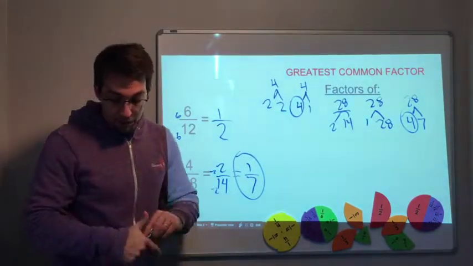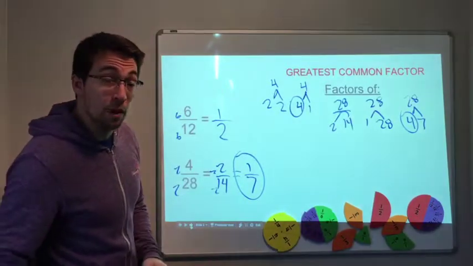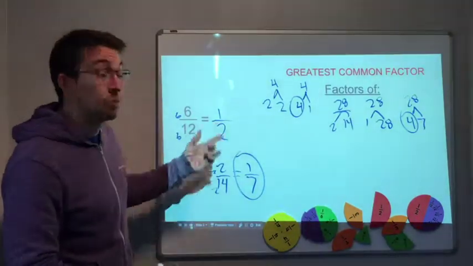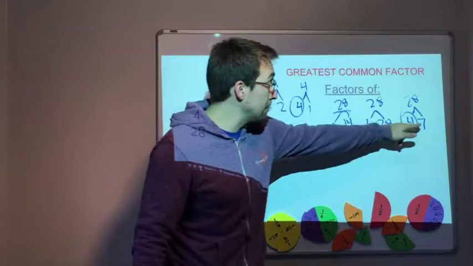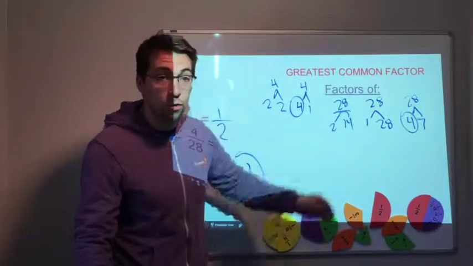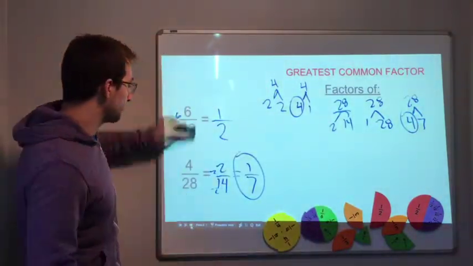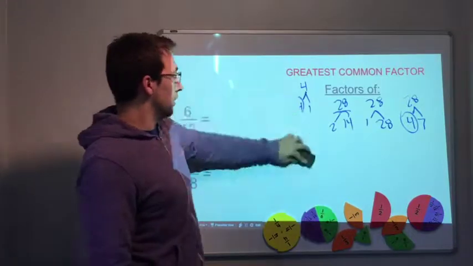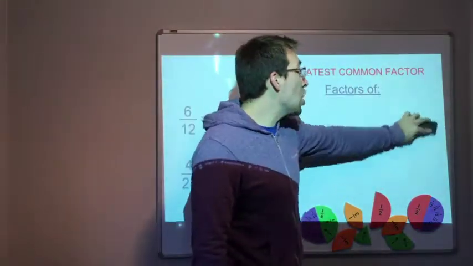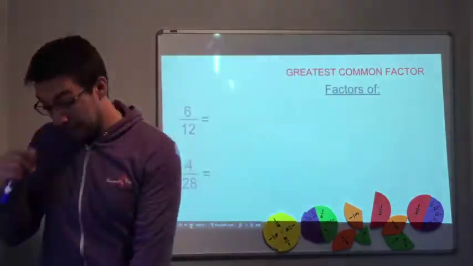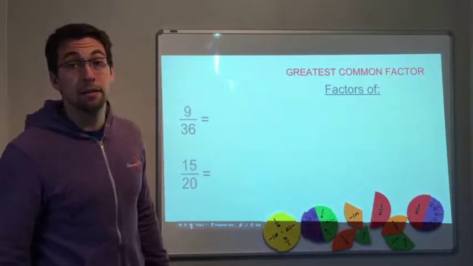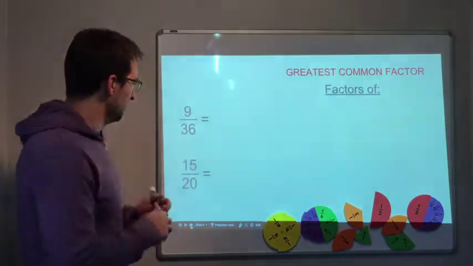Guys, we have to know our times tables, because that helps with the factors. 4 times 7 is 28. 2 times 14 is 28. So know your times tables, and it will help you immensely with fractions.